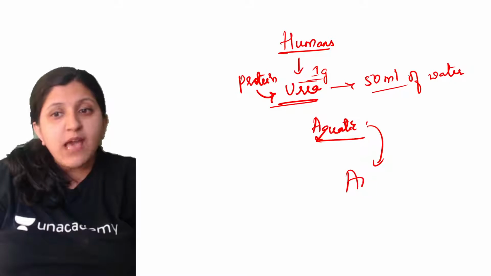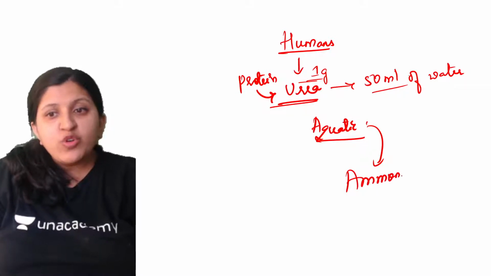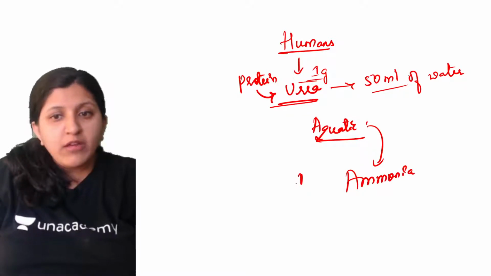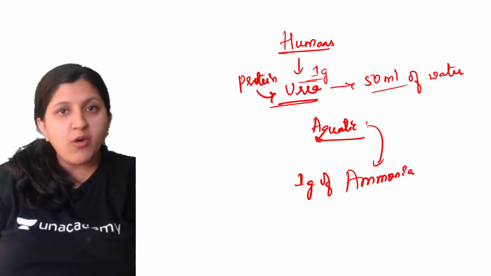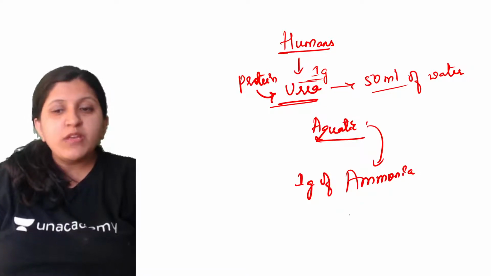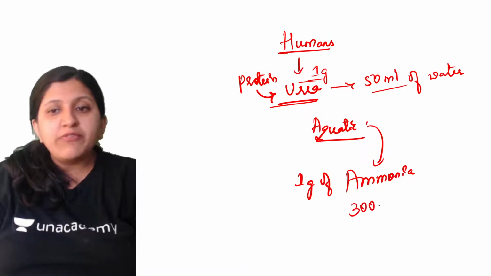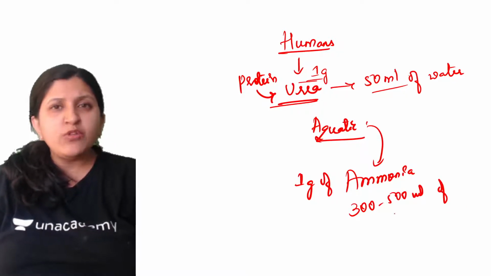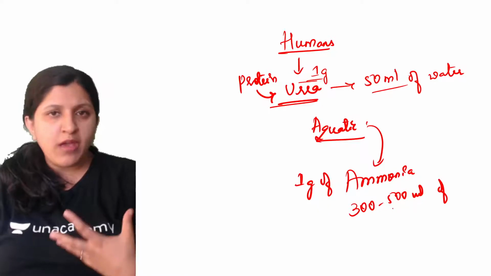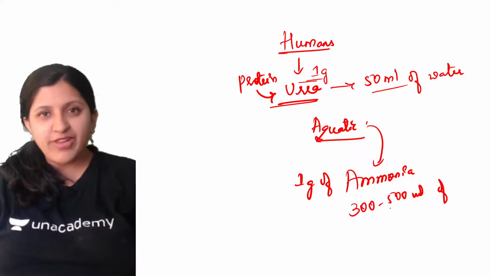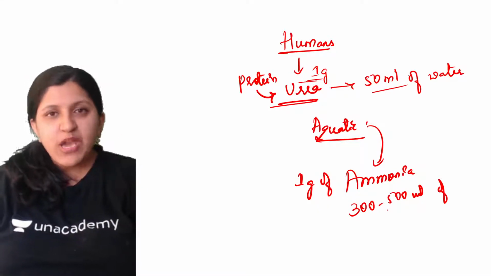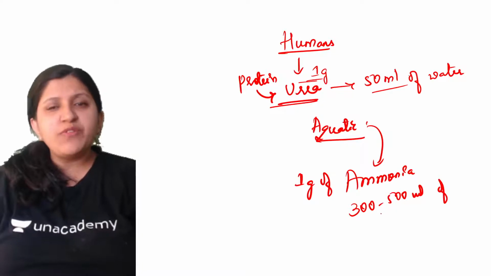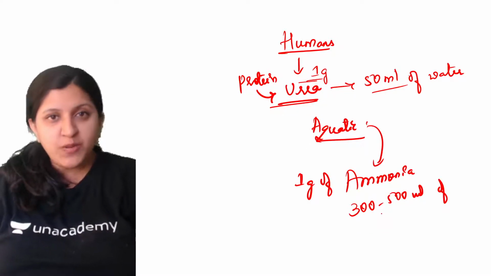But there is ammonia. To get rid of 1 gram of ammonia, how much water is required? Nearly 300 to 500 ml of water is required. Most of us, since we are all educated now, will try to drink as much water as possible.